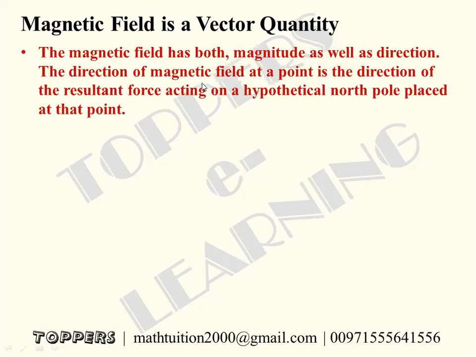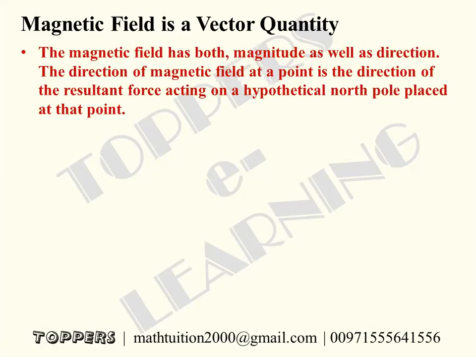The direction of magnetic field at a point is the direction of the resultant force acting on a hypothetical north pole placed at that point. Imaginary north pole. We are just keeping an imaginary north pole.